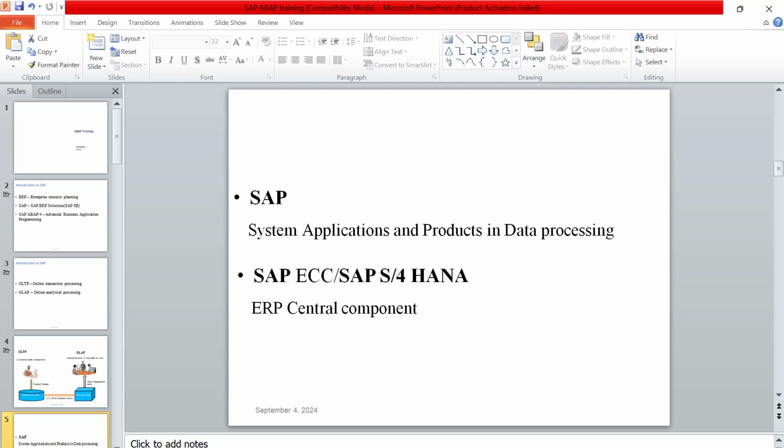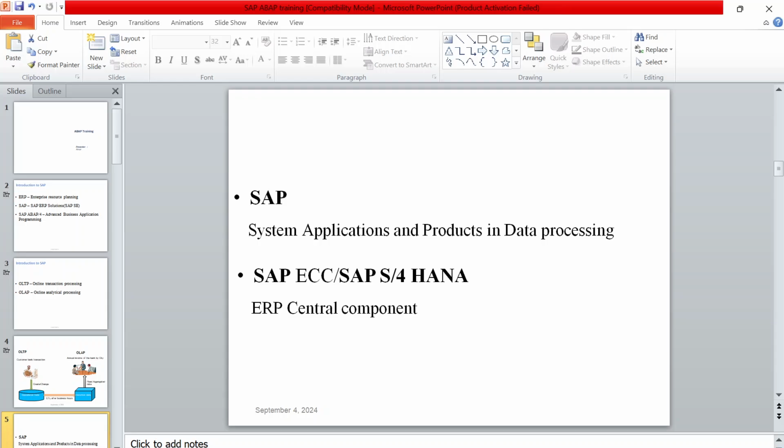So SAP, like I said, Microsoft has its own ERP software, right? What is it? Microsoft Dynamics. Still, Microsoft uses SAP in their business. Microsoft is a competitor for SAP, but still Microsoft uses SAP in their business functionalities.